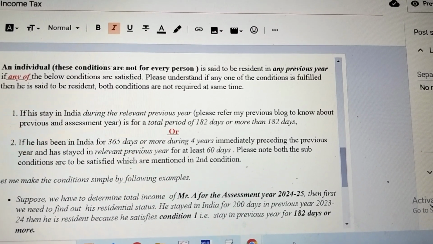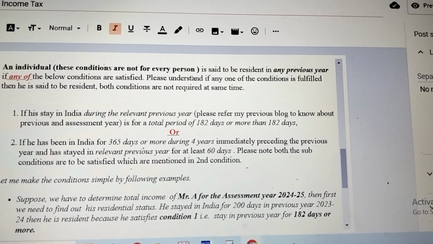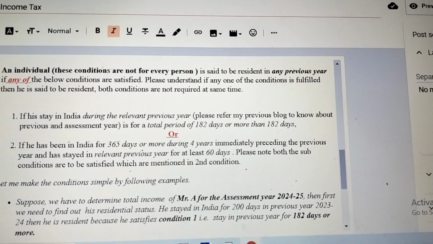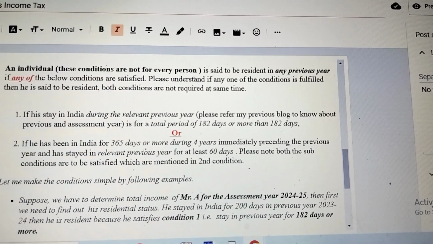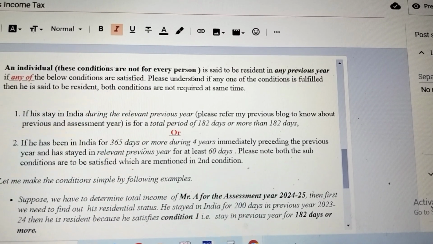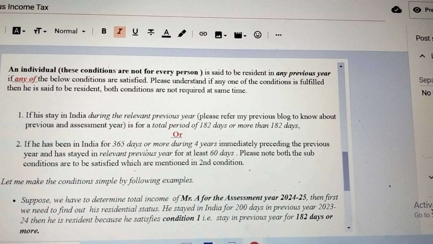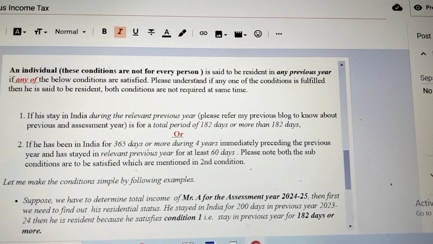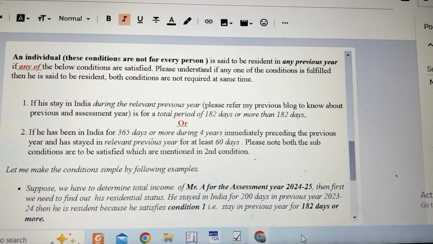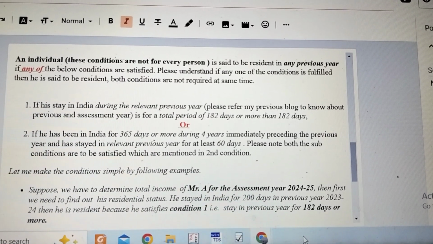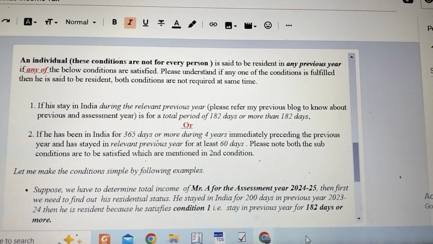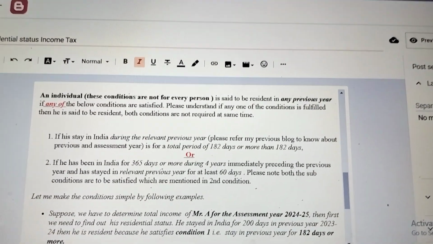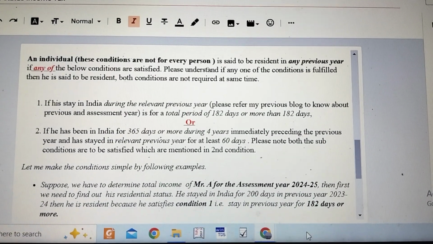See, in condition number 2 there are two sub-conditions. First, he has to be in India in the previous year for 60 days, and the second sub-condition also needs to be fulfilled. The second condition is that during the previous years immediately preceding the relevant previous year he has stayed for 365 days or more, so he would be resident as per condition number 2.